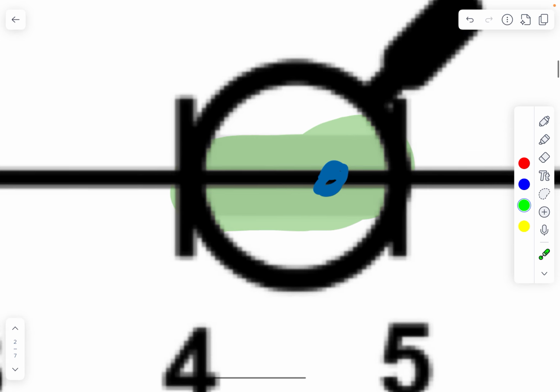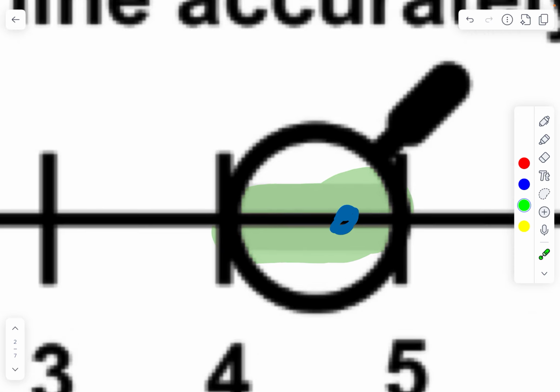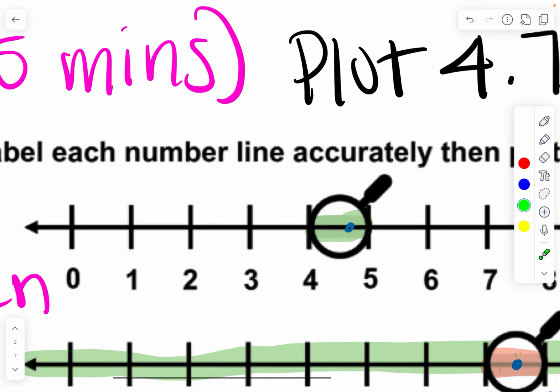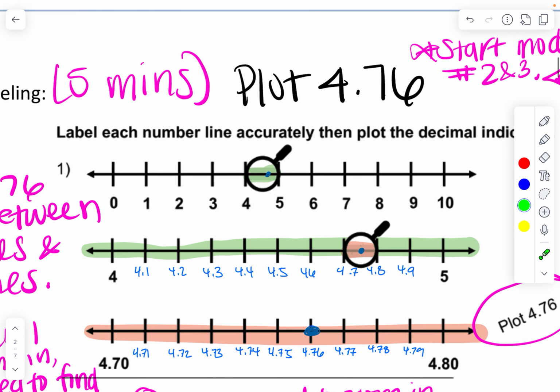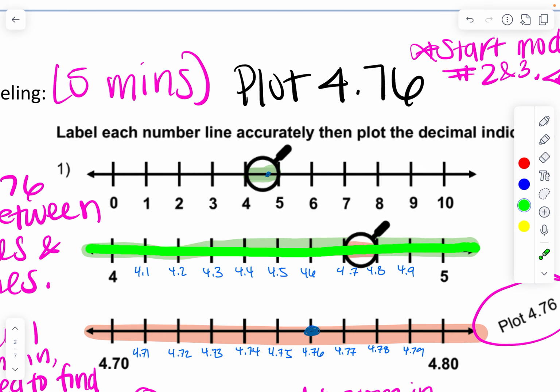Okay, well, in the perfect world, we would zoom in and try to find it. However, we're on paper, so we can't zoom in. So we will have to create a separate number line. Because we zoomed in specifically between 4 and 5, we need to make sure that those are our endpoints for our tenths place number line.